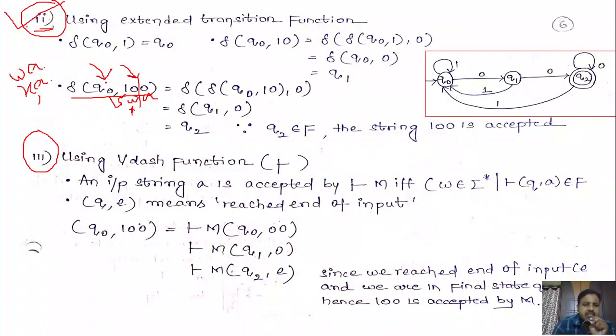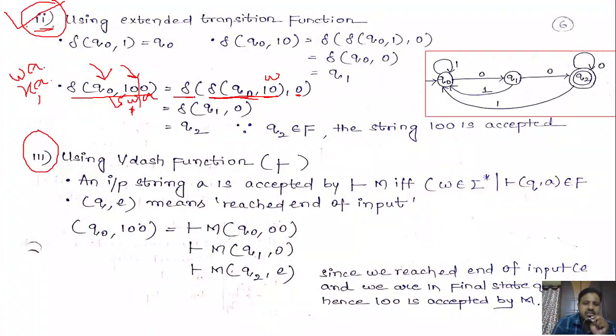First we perform the transition on the first part of the input, delta of q naught comma w, and then on whatever state we get and the remaining input a, we perform the whole transition. What is w in this case? 10. The remaining input is 0. So delta of the resultant state after processing w from q naught, and the remaining input 0.